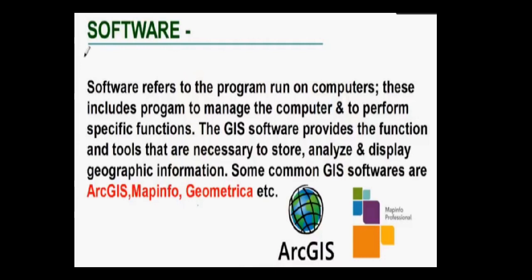There are different software packages which help in analyzing, storing and displaying the geographic information system. Some of the common software used for GIS are ArcGIS, MapInfo, Geomatica. So these are the different software that come into picture when we talk about GIS.